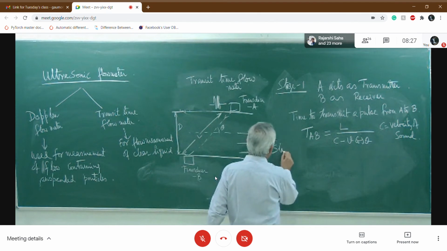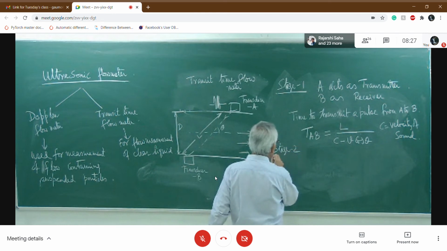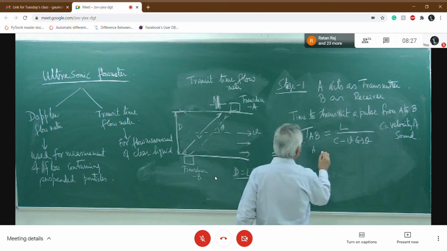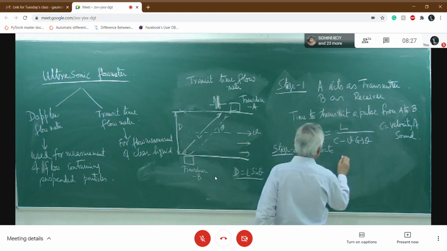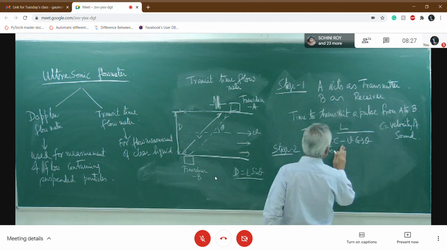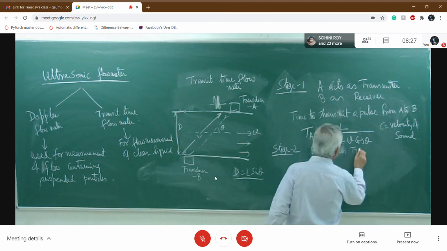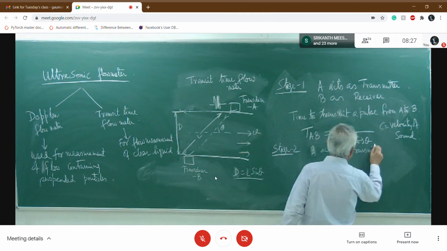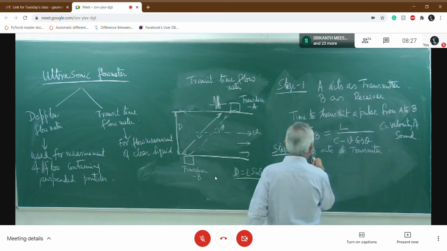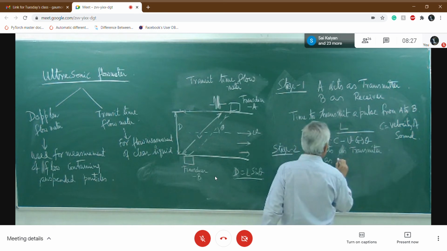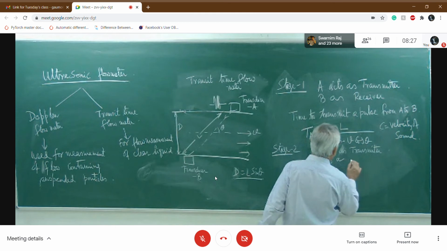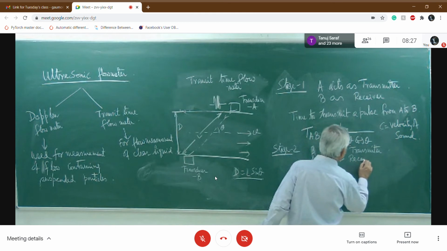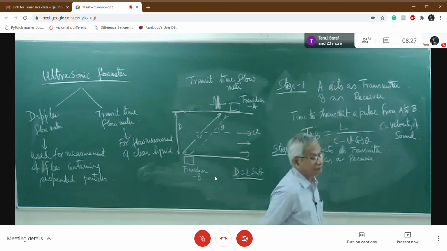And stage 2 is just the reverse: B acts as transmitter and A as receiver.